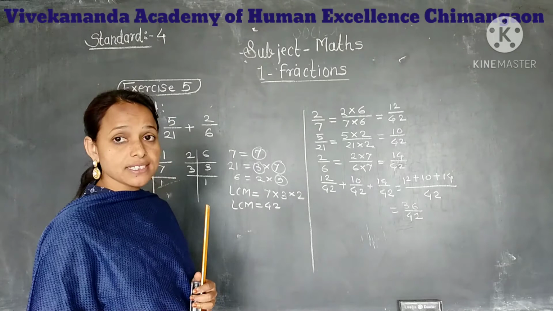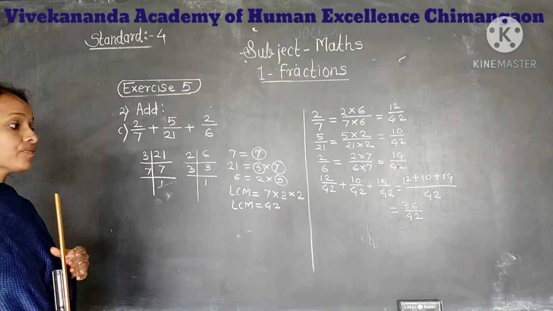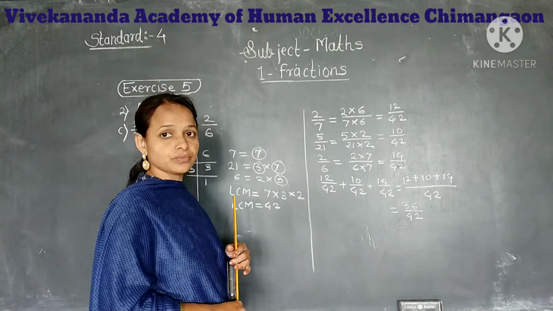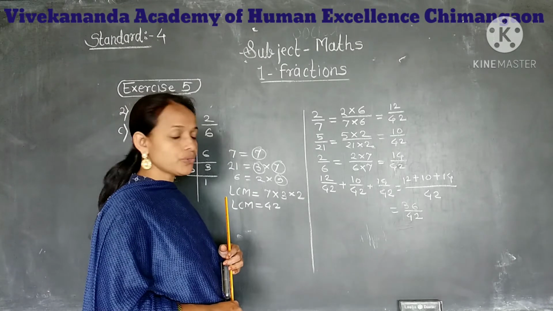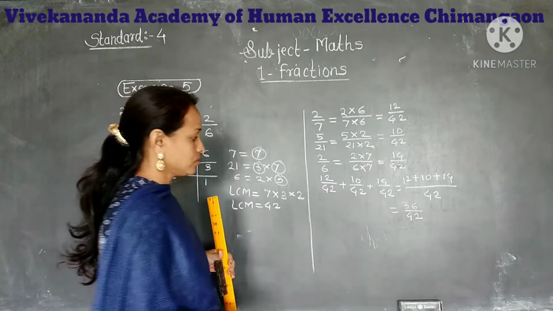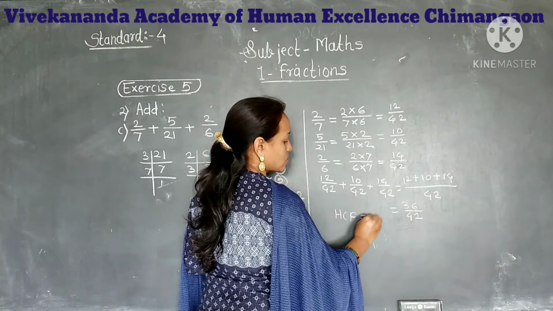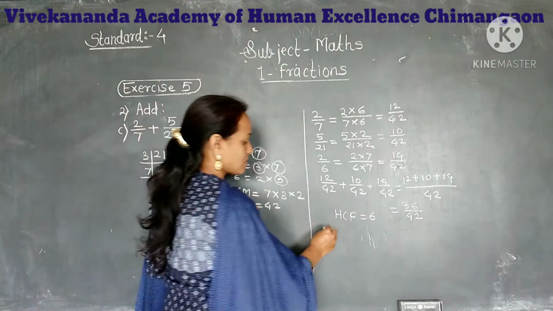So we have to find its HCF. HCF of 36 and 42 is 6. So we divide 36 and 42 by 6.